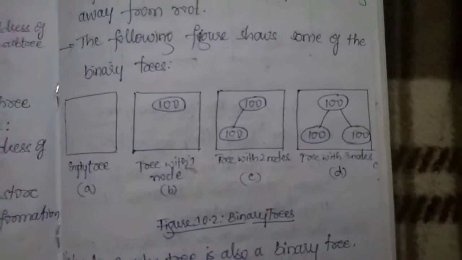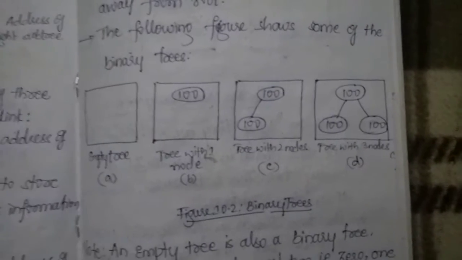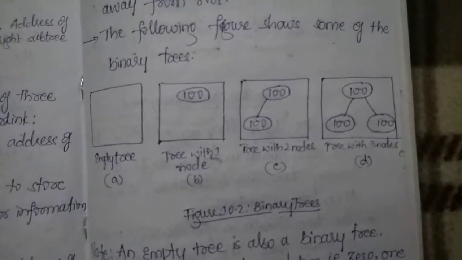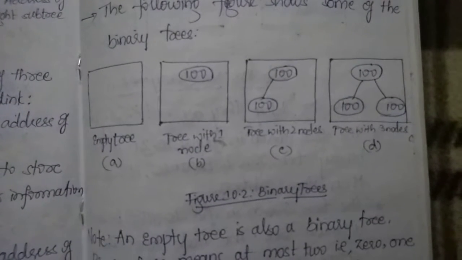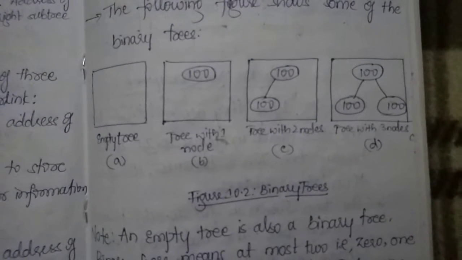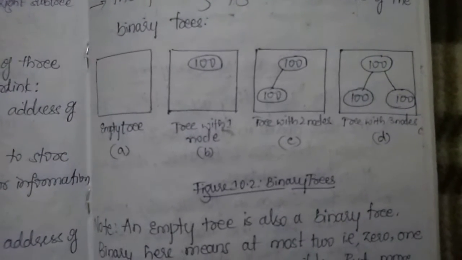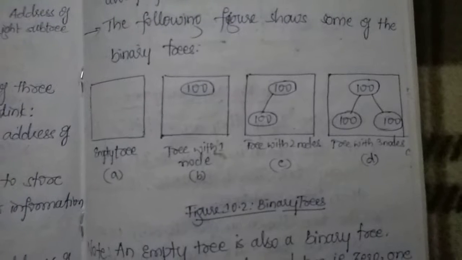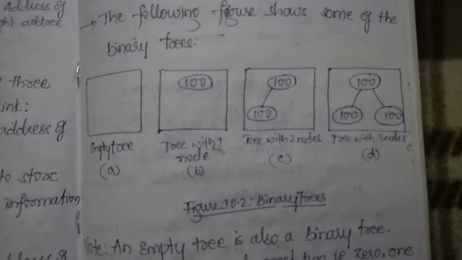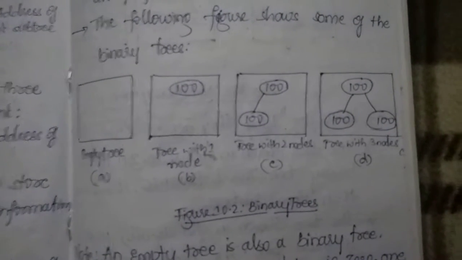The following figure shows some binary trees. According to the definition, a binary tree is a collection of 0 or more nodes, and each node may have 0, 1 or 2 subtrees, not more than 2.